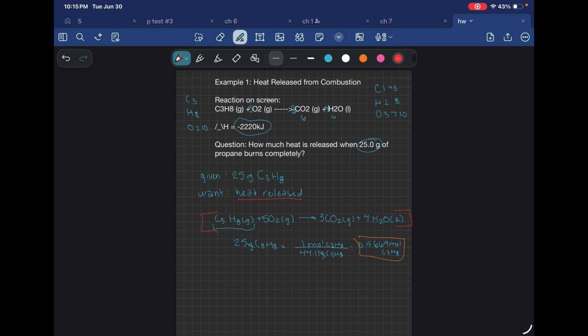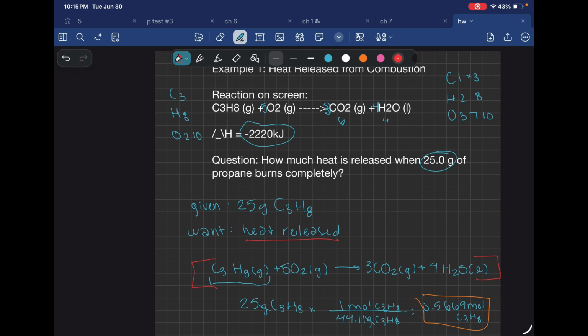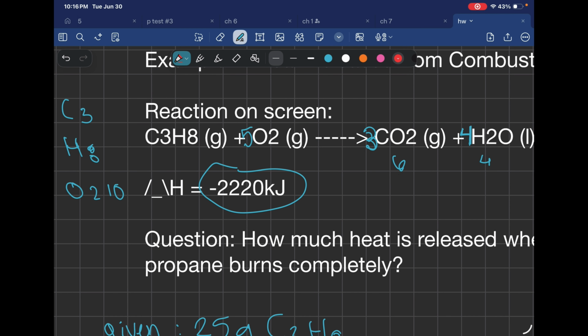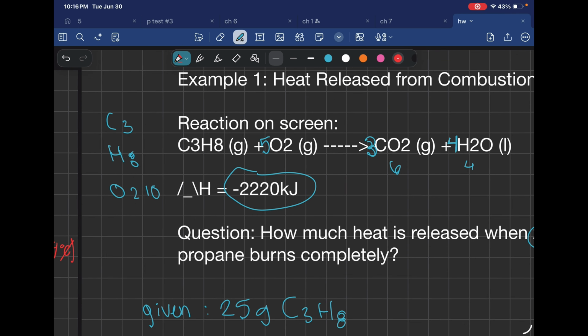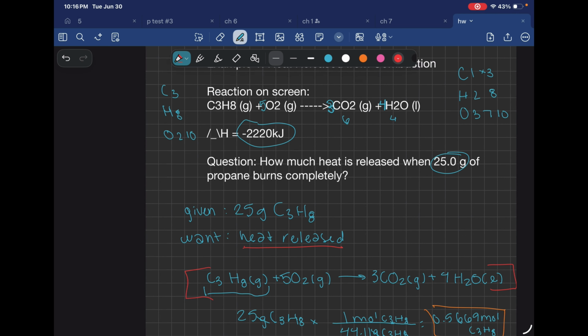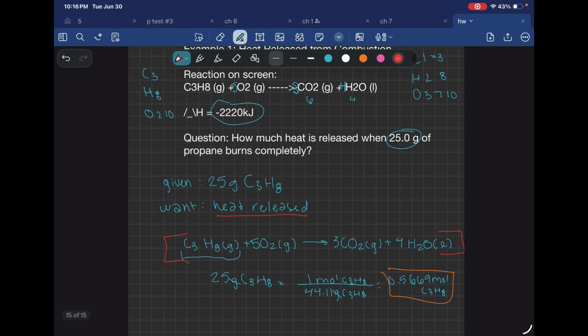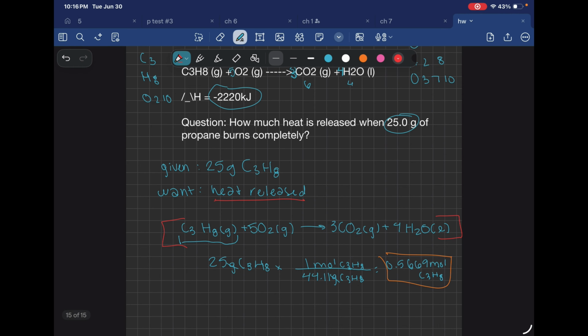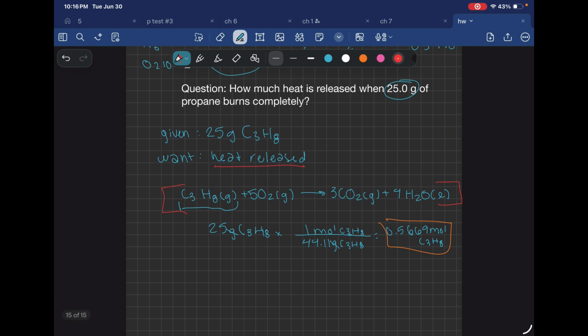So now that we have our moles of C3H8, let's multiply that by our kJ, which we're given in the problem right here. So we have our delta H, which is negative 2,220 kJ. So let's do that.